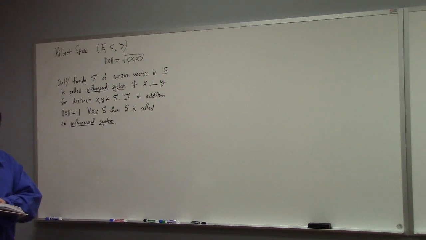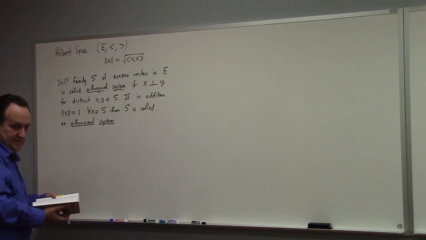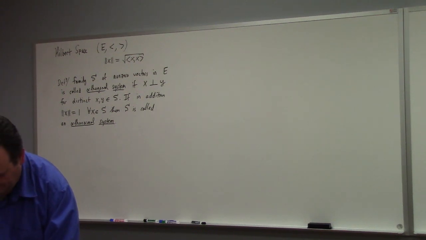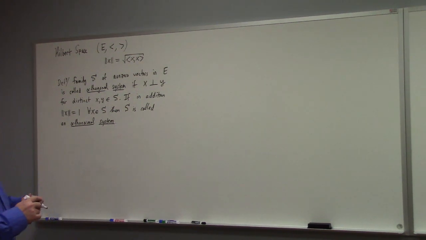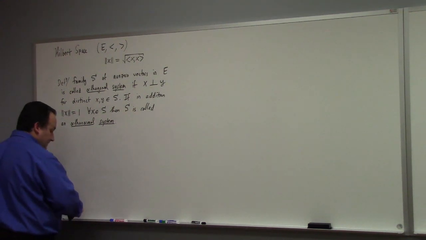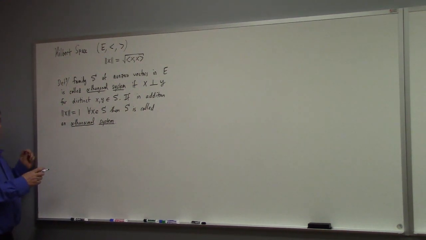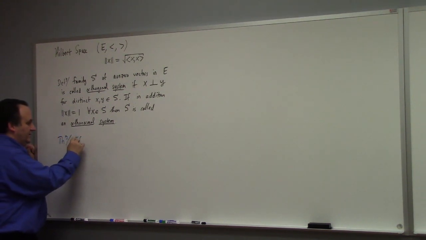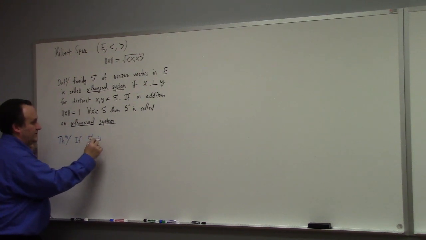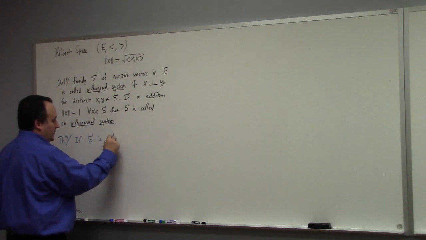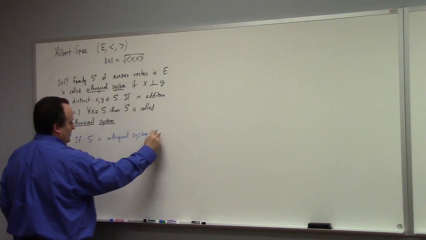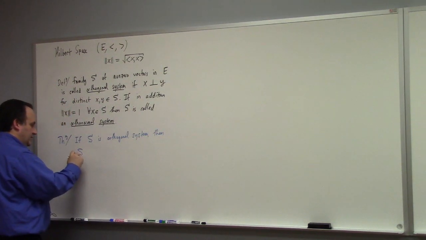He says any orthogonal set of non-zero vectors can be normalized, right? So that's easy enough to prove. How do you do that? So here's a theorem. If S is an orthogonal system, then we can define S1 to be the set of X divided by the norm of X, such that X is in S, and S1 is an orthonormal system.